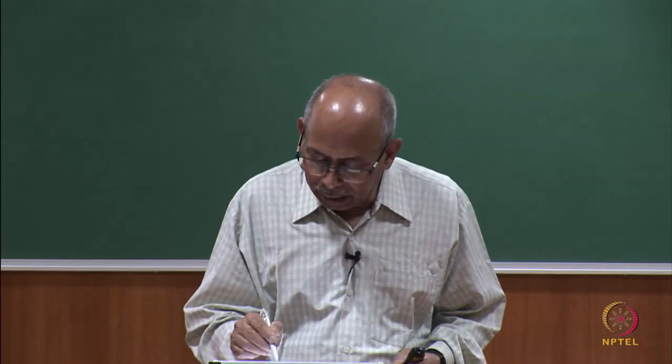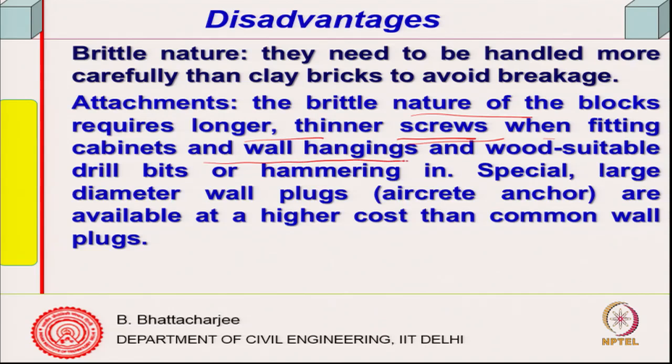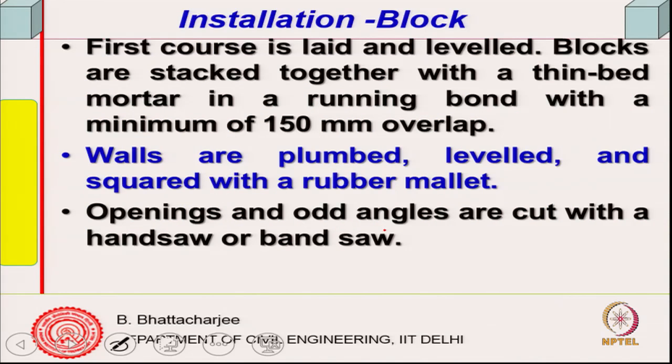So, thinner screws or nails are used for wall hangings, and wood-suitable drill bits or hammering. You can do drilling and then screw it like you do in wood. Special large diameter wall plugs are also available, but their cost is slightly higher. So, that is one thing.